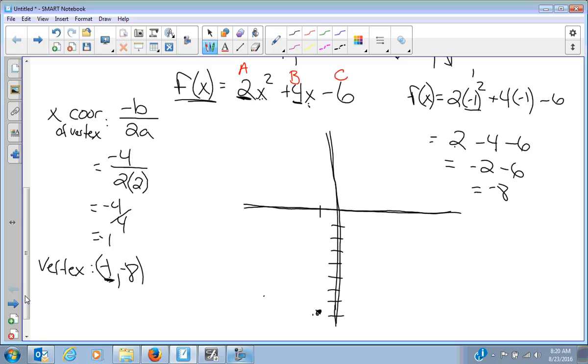I would have drawn something more along these lines, where I had hardly anything up here, because my graph would have started down here and continued down. So I'd want more of this section down. I don't need any of the up part. You guys with me?